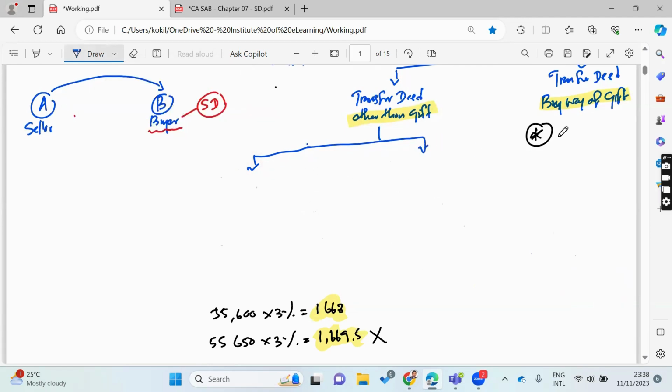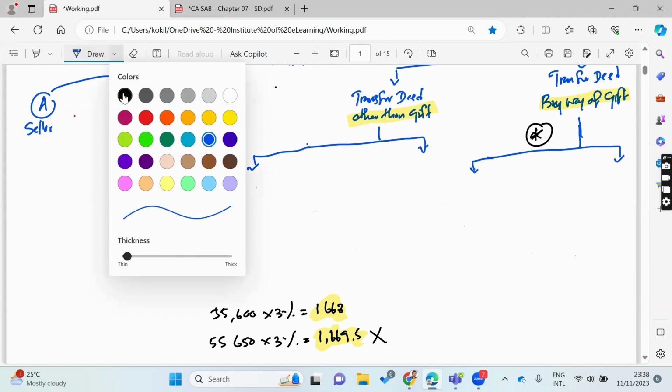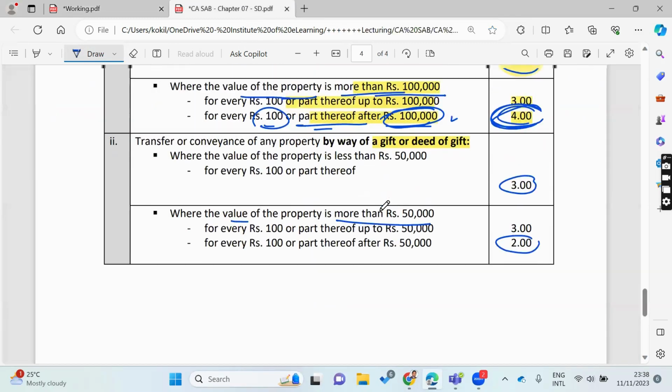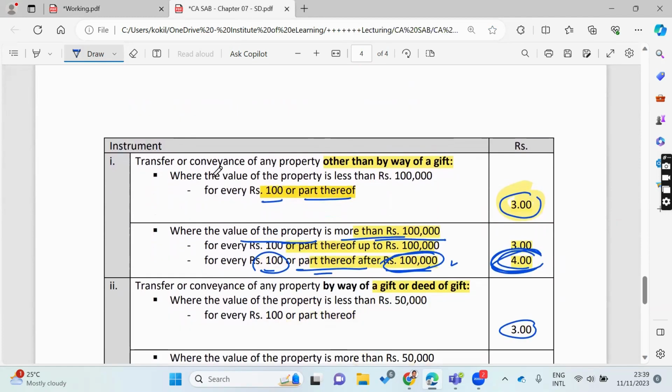Here we need to take it in 2 ways. Here, if you are transferring a deed in a commercial way to another party, not a related party, anyway the tax will be higher. The property value, other than by way of gift, first Roman one, other than by way of gift.